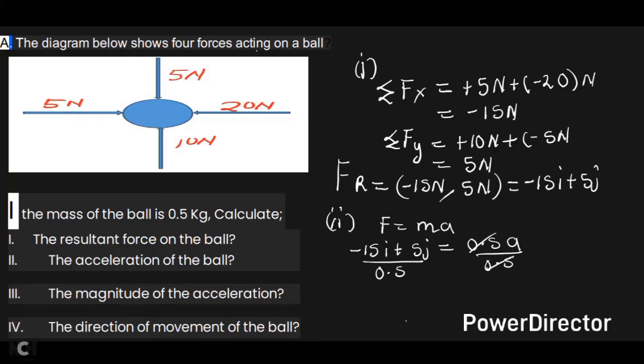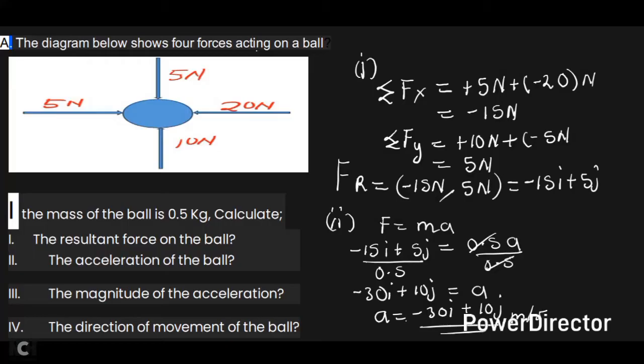Dividing by 0.5, negative 15 gives us negative 30i, then 5 gives us 10j. So your acceleration is negative 30i plus 10j. So this is your acceleration, and you have answered the second question, the acceleration of the ball. This is how we answer questions 1 and 2.